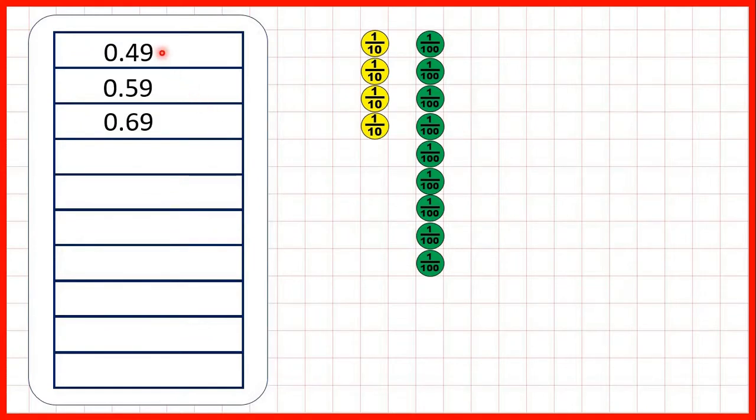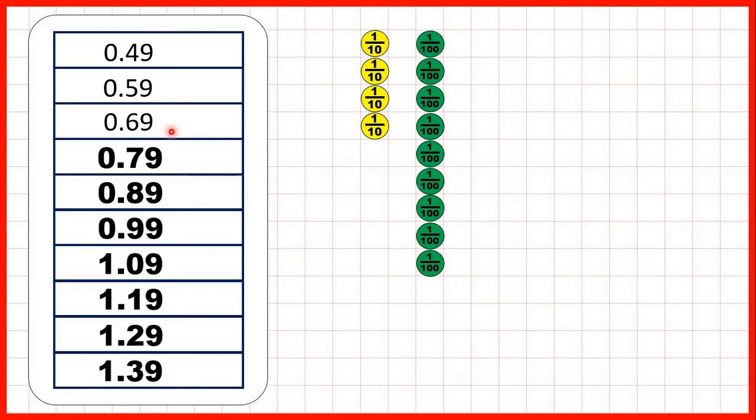Now 0.49, 0.59, 0.69. What are our next 7 numbers? Well, you can see that we're counting in tenths. So, showing our place value counters, we start with 0.49, so 4/10ths and 9/100ths, and we're counting in tenths.